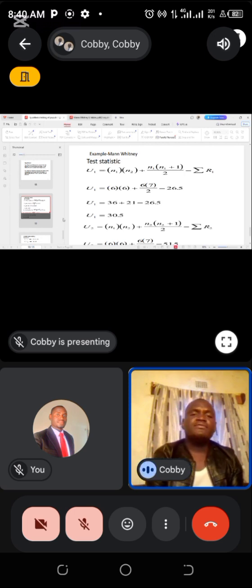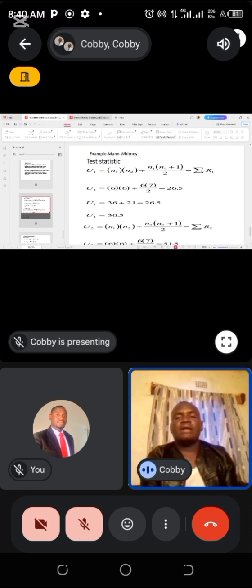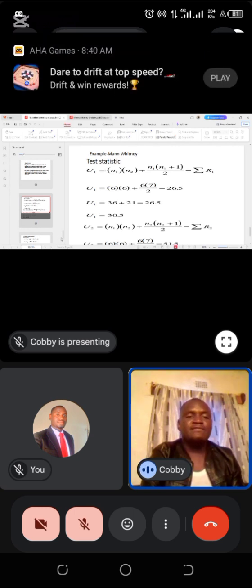So we have N1 times N2 plus N1 times (N1 plus 1) over 2 minus the summation of R1, that is the ranks for group 1. First, we need to determine N1 and N2. What are the sample sizes? We look at the data which we are given.